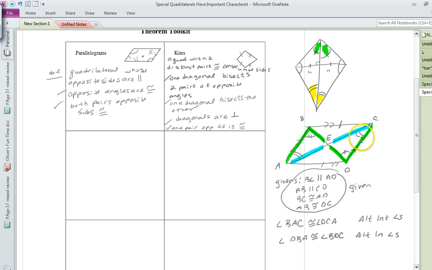If AB is congruent to CD, that gives us one side. So I have a side. I have angle, side, angle congruence here.